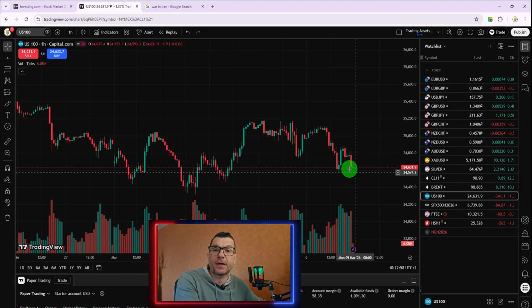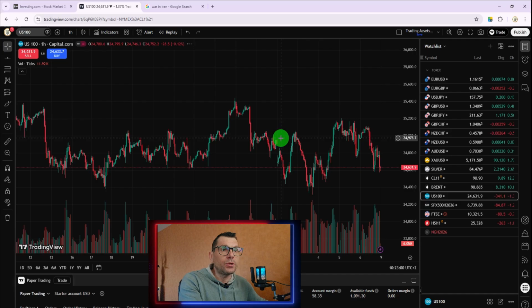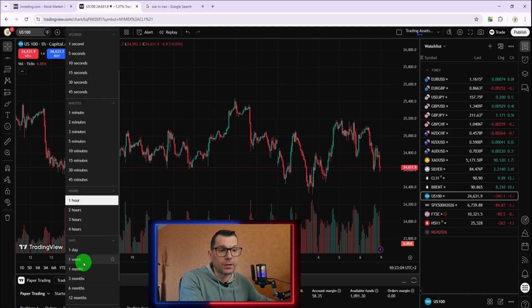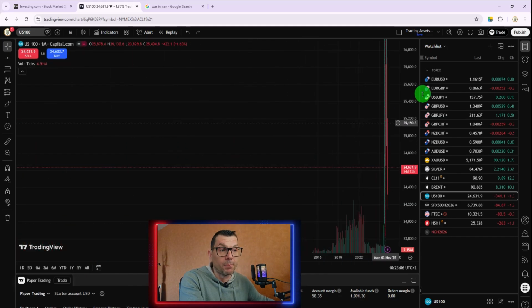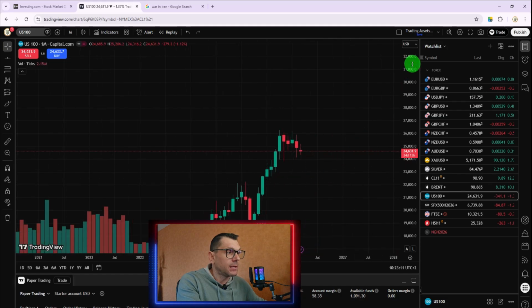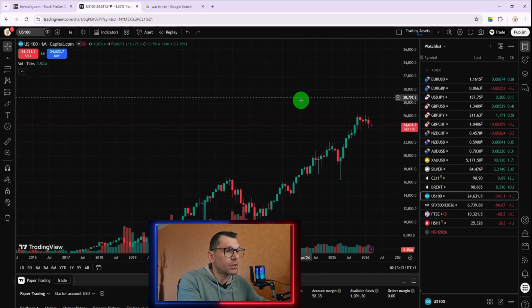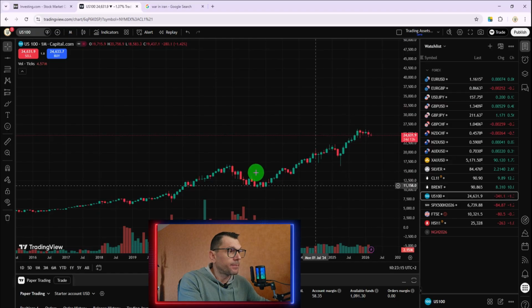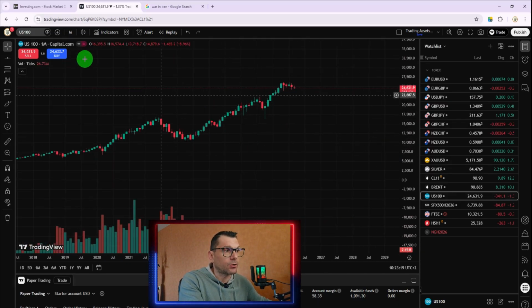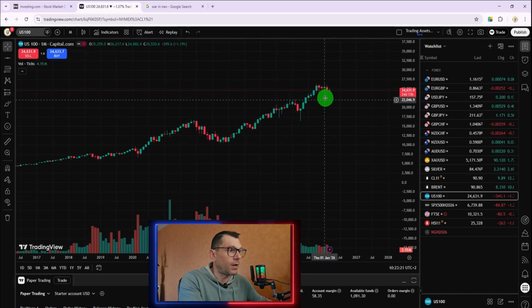Now, what is good about US 100, especially if you look at the longer time frame, for example the monthly chart, is that every single drop that happens on it historically creates an opportunity to buy the dip. So this is the Nasdaq graph on the monthly chart.